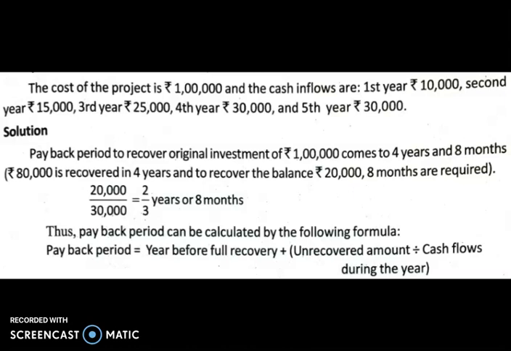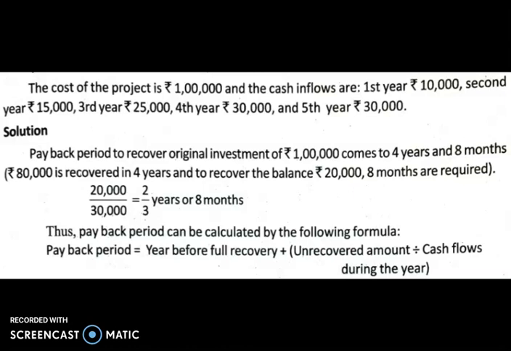And you have a remaining 20,000 to get, so that you're able to cover rupees 1 lakh. Okay, so here B, the balance amount, is 20,000, and the cash flow during the year in which we have to cover up this 20,000, that is the fifth year, is 30,000.